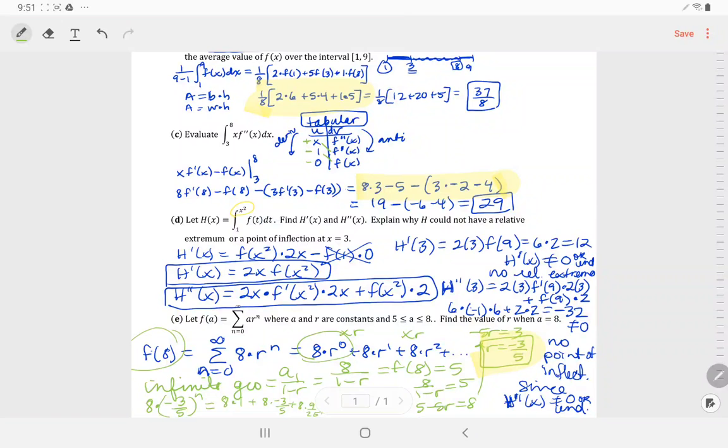That would be my geometric series. So a1 is 8. And so I would do 8 over 1 minus negative 3/5. So maybe type that into my calculator. So 8 divided by 1 minus negative 3/5, which is 5.